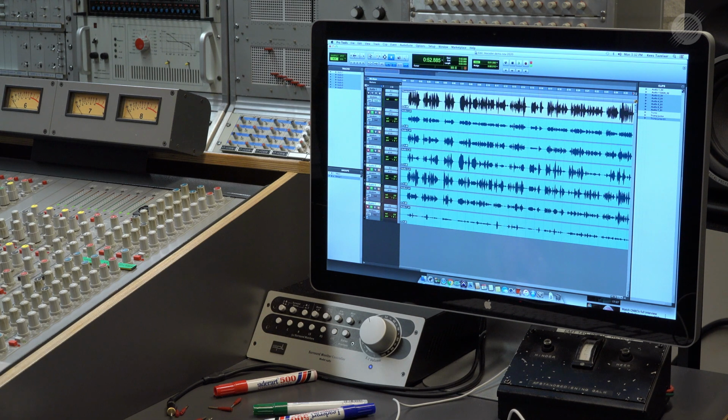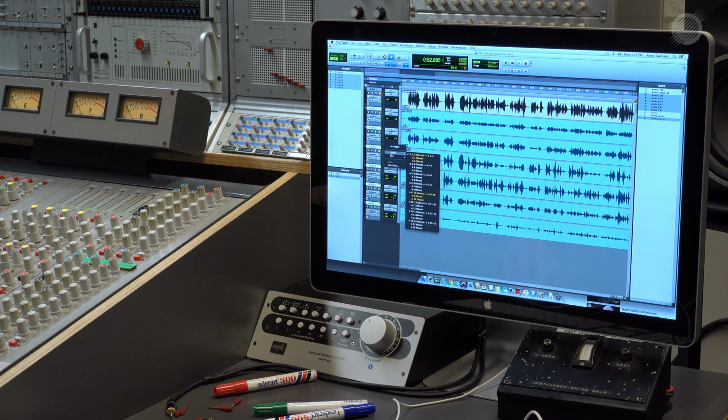So I'm going to mute the original voice, and I'm going to unmute the other tracks, and I'm going to send them to individual outputs on the patch bay.